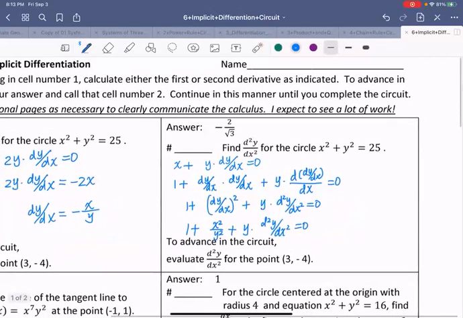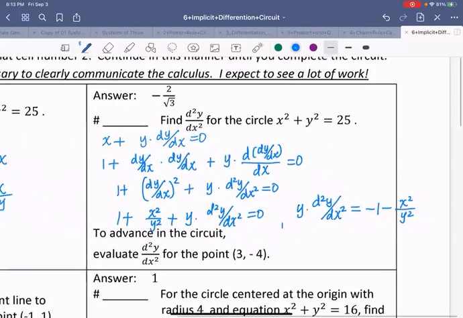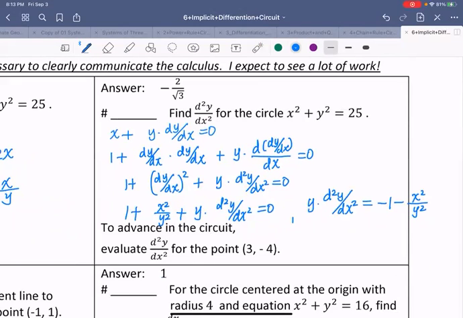So y times d squared y over dx squared, which you should call the second derivative, equals negative 1 minus x squared over y squared. So far, so good? This is negative y squared plus x squared over y squared. Common denominator. Who is this guy? That's 25. There you go.